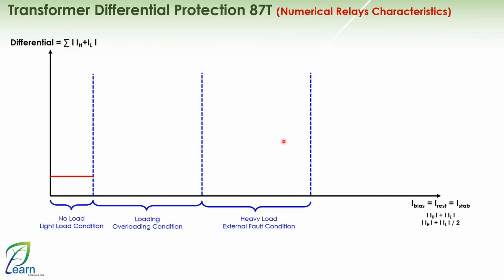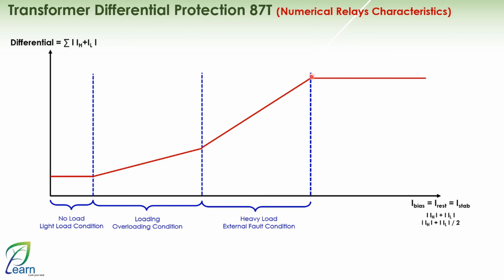Therefore, you create a slope to cover these points, and then you create a higher slope, because in the case of heavy load, you have a higher ratio error and also the possibility of CT saturation. Thus, you increase the slope to a higher value, even more than the first method.